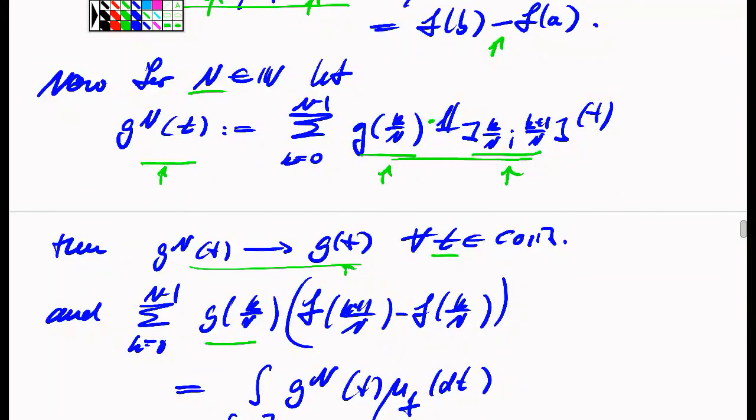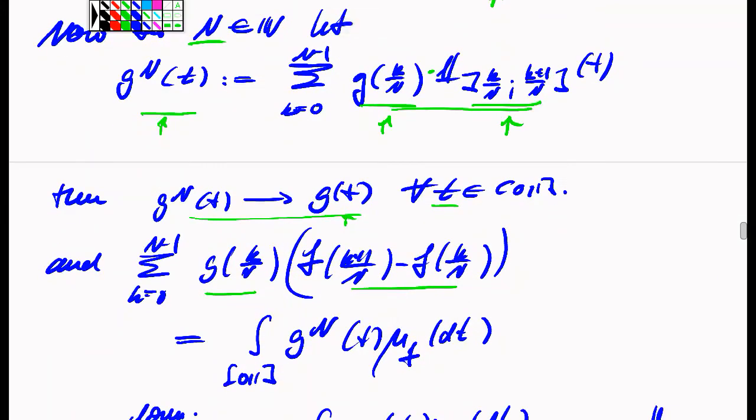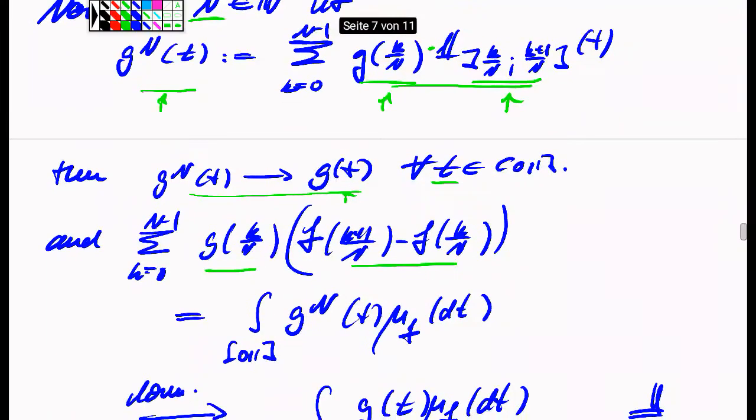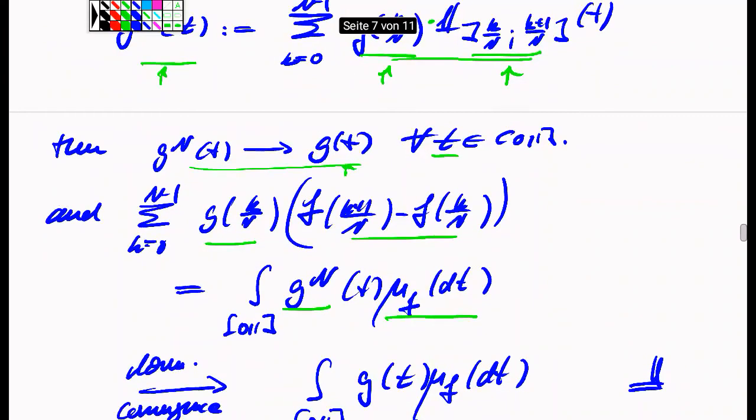And now if we take a look at this weighted increment sum that we want to investigate here in this lemma, then we can interpret it as, in fact, the integral of this gn function with respect to the Lebesgue-Stieltjes measure, because the gn function is a linear combination of indicator functions, so the integral of this linear combination is the linear combination of the integrals, and each of these individual integrals are exactly these summands which enter the sum.